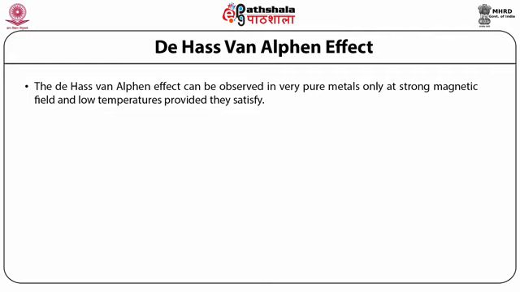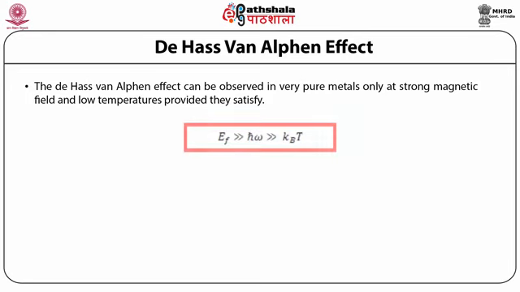The de Haas-van Alphen effect can be observed in very pure metal only at strong magnetic field and low temperature, provided they satisfy Fermi energy is greater than ħω and greater than kBT.